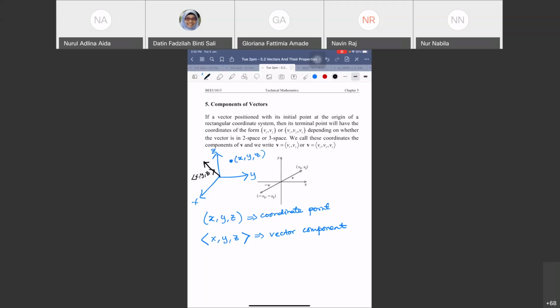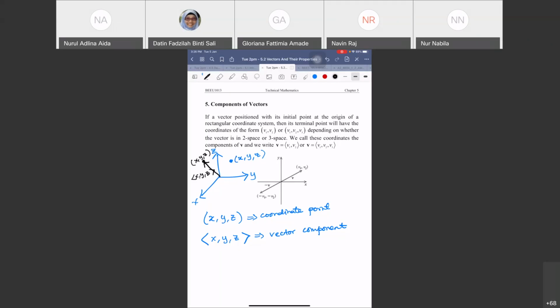However, don't get confused when it comes to position vector. Remember I said the word position vector. Position vector is the vector in which the initial point is at the origin. Sometimes you may also see it written like this, a point and then put like this.